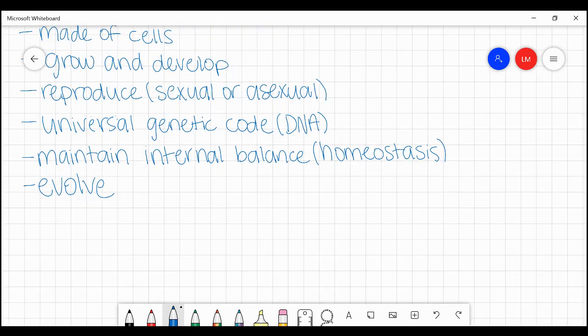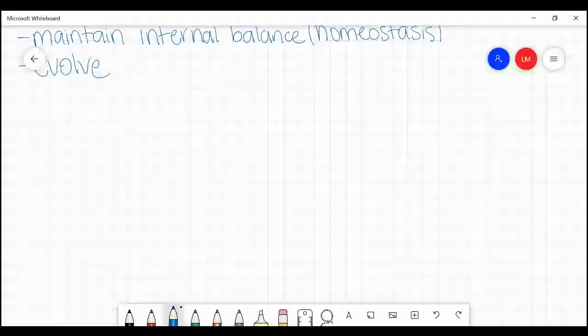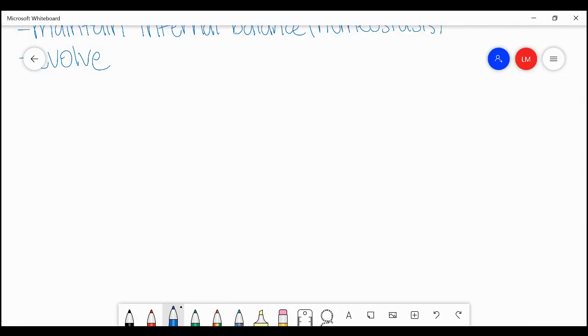Next, we will be moving on to organic molecules. So as we said, all living things are made of cells, but that leads us to the question of what do cells even have in them and what can cells make?